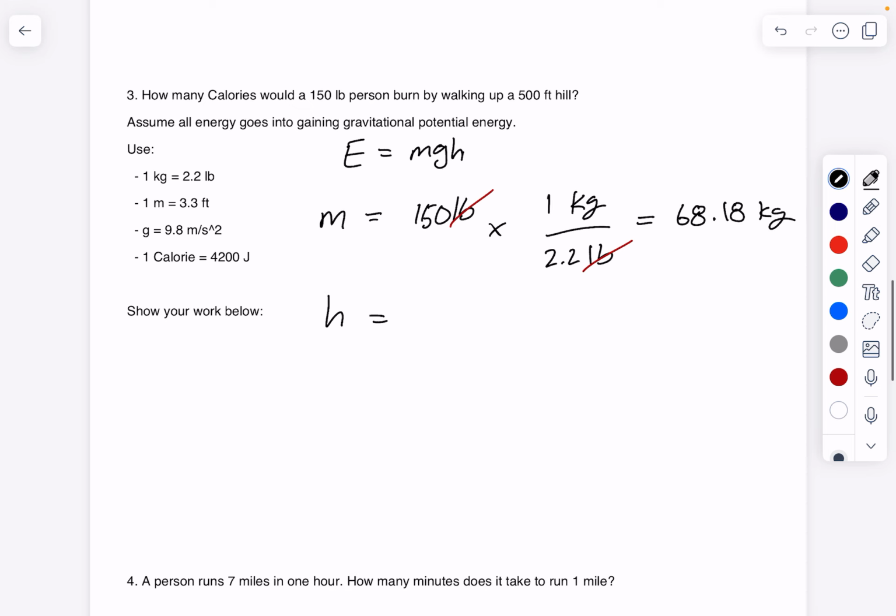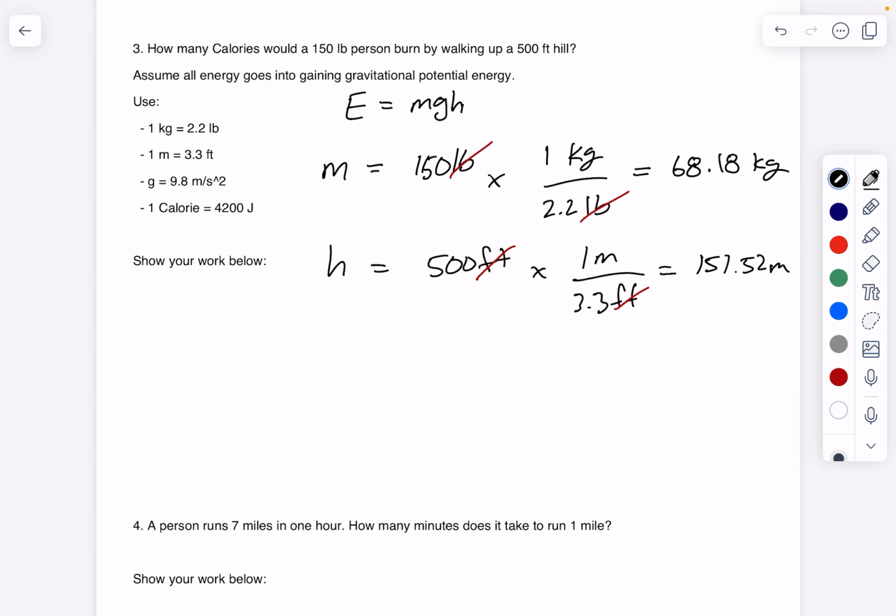And then for our height, we're going to take 500 feet and multiply by, we want meters, 1 meter divided by 3.3 feet. So the feet will cancel. We'll be left with meters, and that will be 151.52 meters.